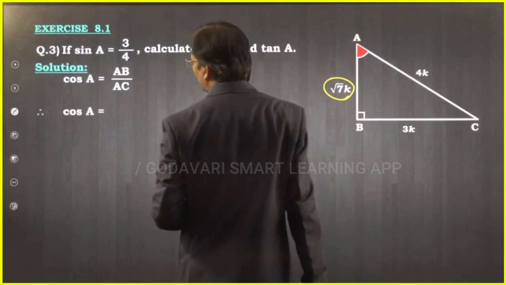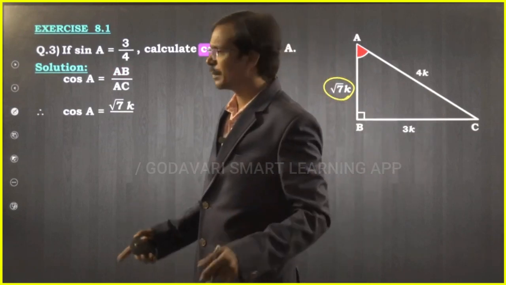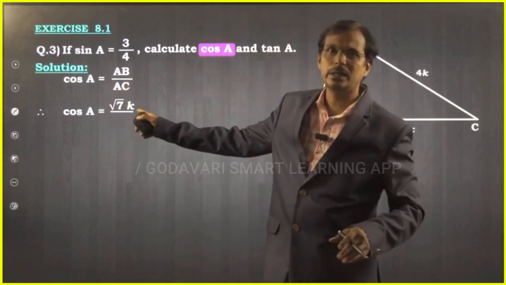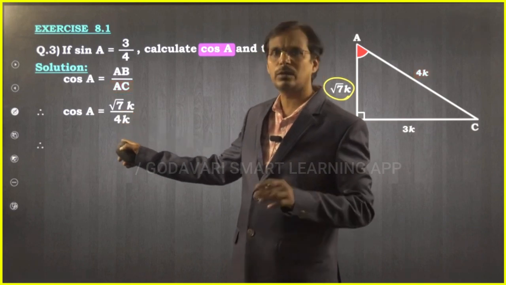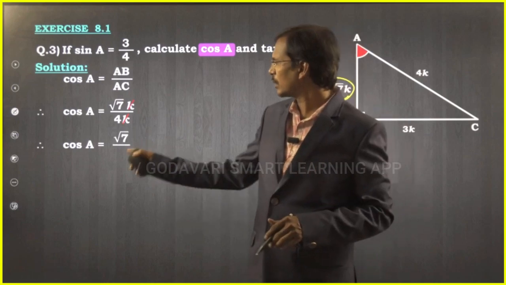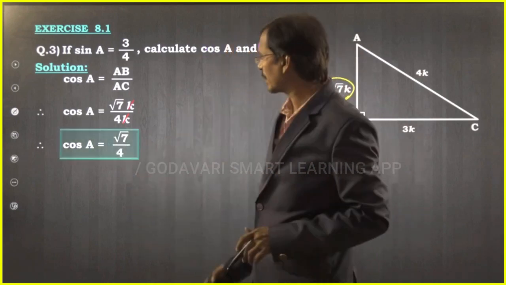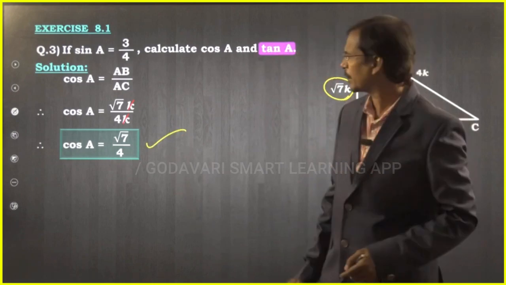AB is equal to root 7 k and AC is equal to 4k. Now k cancels, root 7 by 4. We got cos A is equal to root 7 by 4.